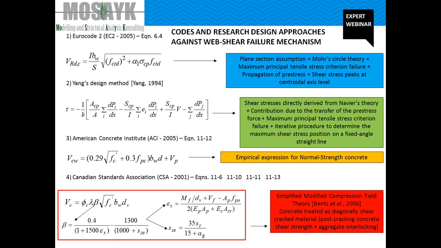To quantify the effectiveness, 3 commonly known code prescriptions: Eurocode number 2, American Concrete Institute Code, Canadian CSA Standard Association, as well as a research approach against web shear failure mechanism were adopted to predict the previously defined experimental database.